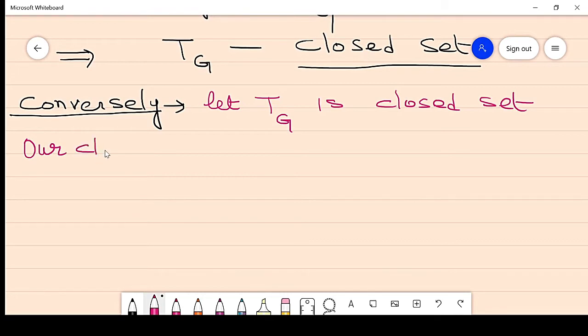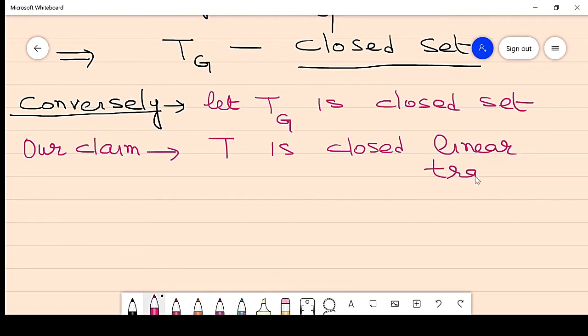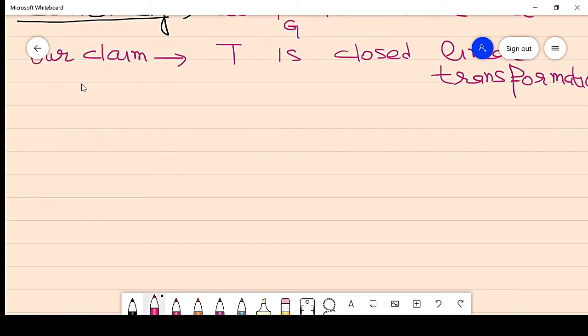So our claim is T is a closed linear transformation. Now to prove it is a closed linear transformation, I take a sequence in its domain.